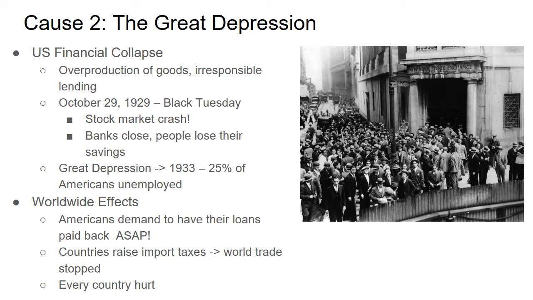So they were still owed quite a lot of money for supplying the Allies in World War I, and the Dawes Plan. So they start demanding that the foreign countries pay them back. And that puts a lot of hardship on Britain and France, and especially Germany.